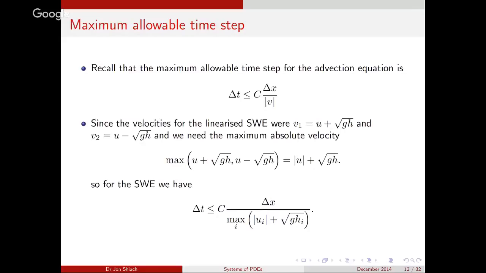And that's the fastest possible speed we have at that time. So for the shallow water equations, to calculate the maximum allowable time step, we have your Courant number, which is normally 0.9 or something like that, times your spatial step, delta x, divided by your fastest speed. That's why I had to go through all of that eigenvalues nonsense just now. It's not nonsense, it's quite nice maths, but it can be quite complicated.